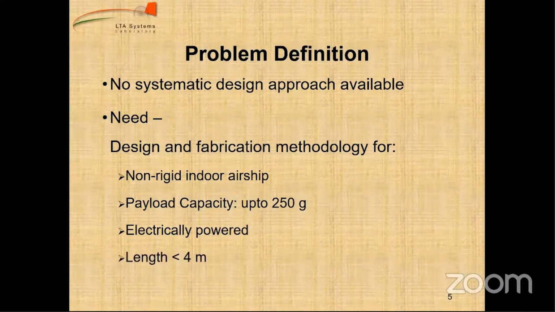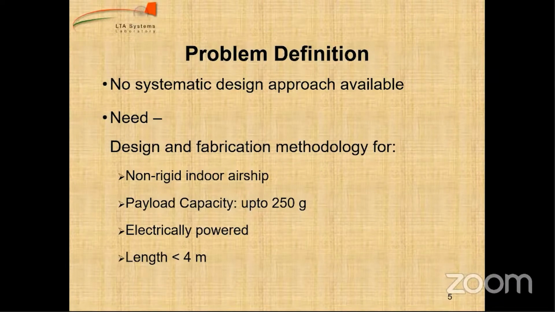Next, I would like to say that the length of the indoor airship should be less than 4 meters. Can someone guess why it is less than 4 meters? It will be flying inside the room, so the length should be small. Yeah. Generally a hull we can make as large as an airship, but it should fly inside the hall or inside the room. Correct. Yes.